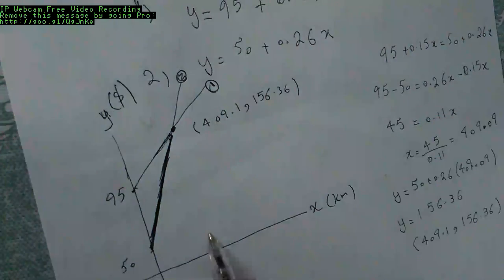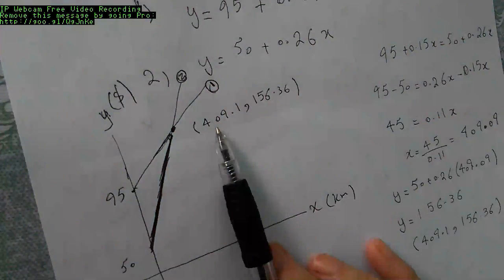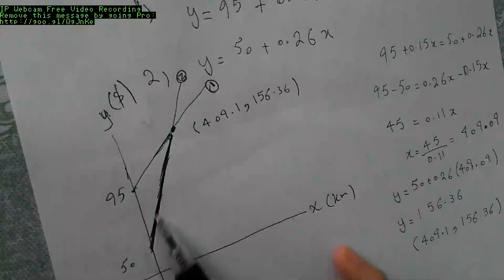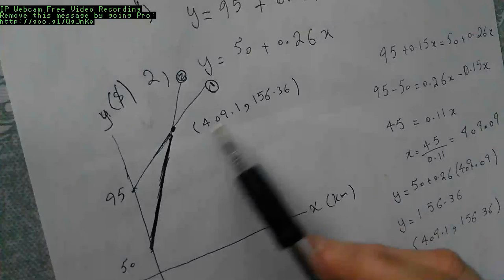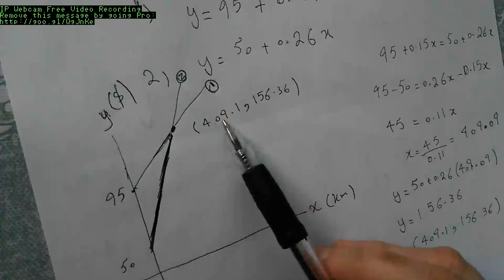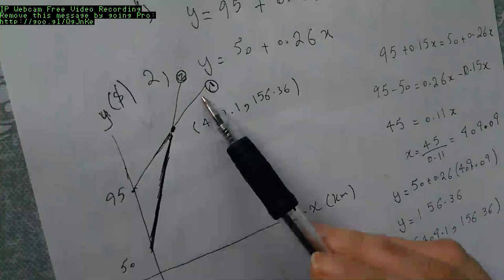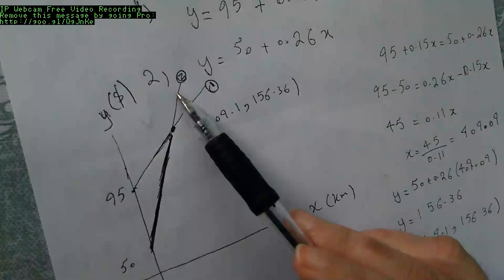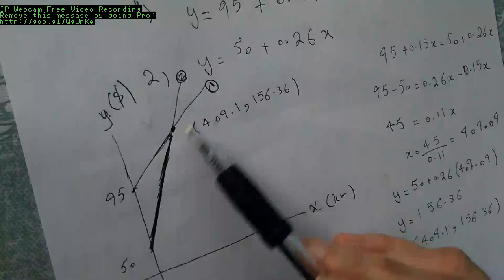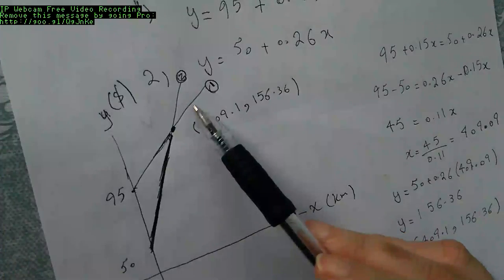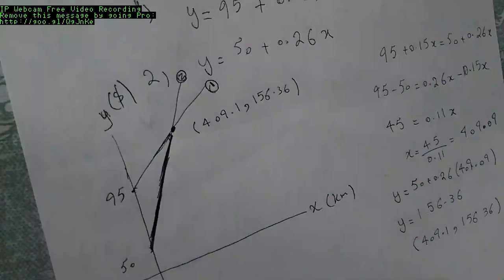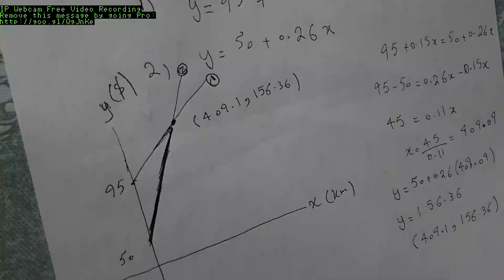If you're going to drive less than 409 kilometers, the second is below the other one, so the cost is cheaper. But if you're driving more than 409, the first one is below the second one after that point, so you go with the first one. So this is the last example on this.